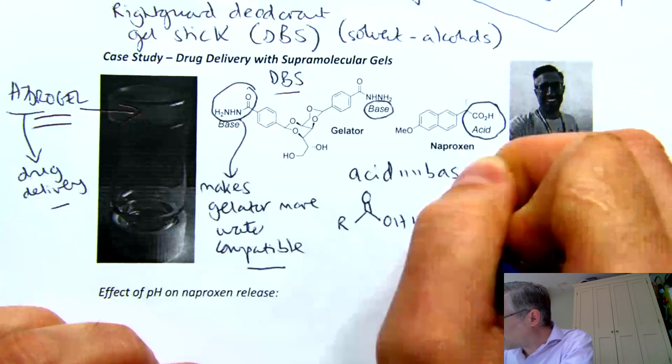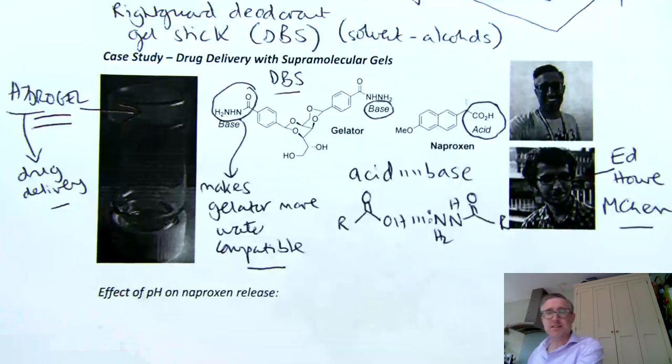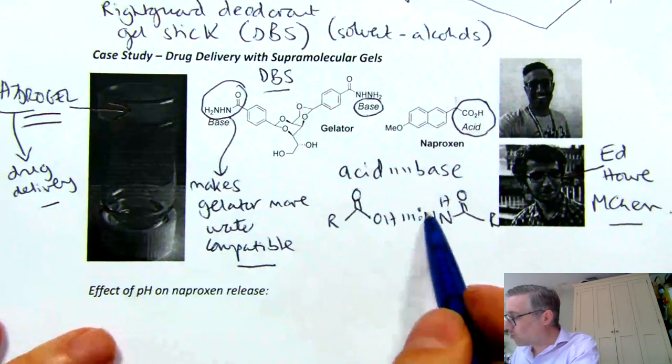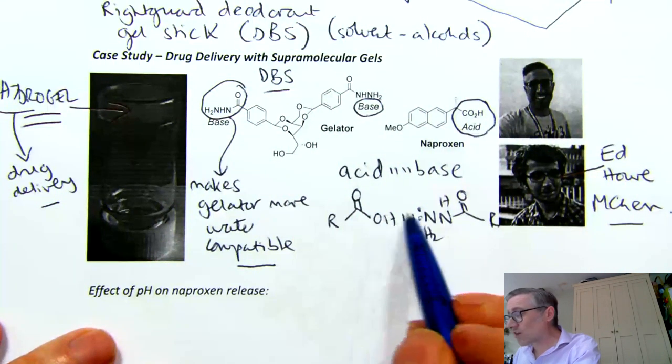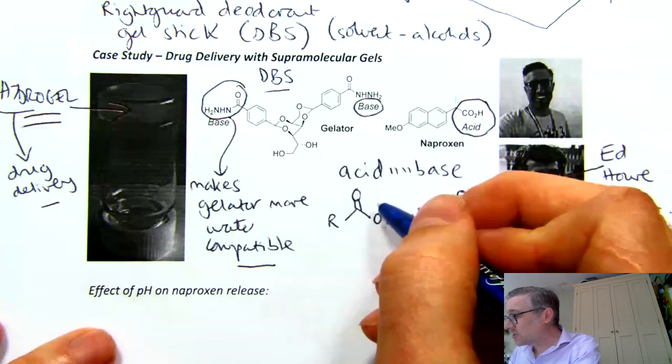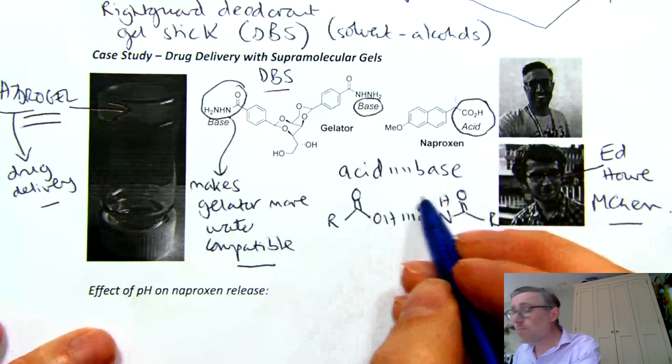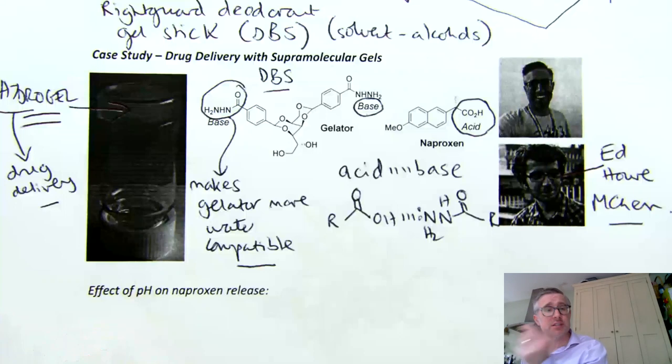And you're interacting with the base of naproxen through the lone pair on the nitrogen, interacting with that OH. And there's some proton transfer from acid to base. So this becomes partly O- and partly NH3+. So there's some electrostatics there as well.